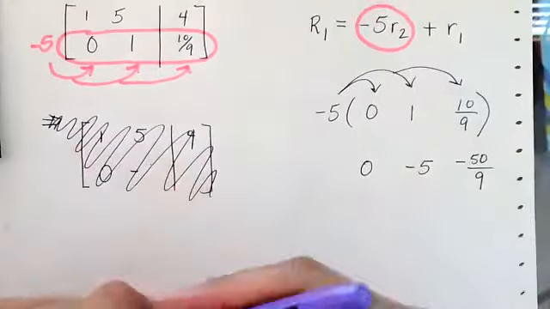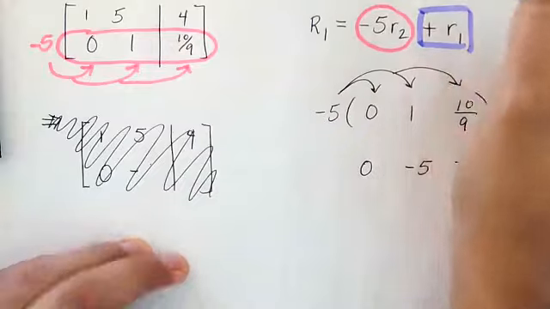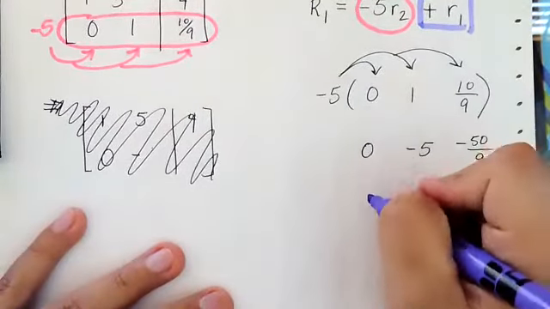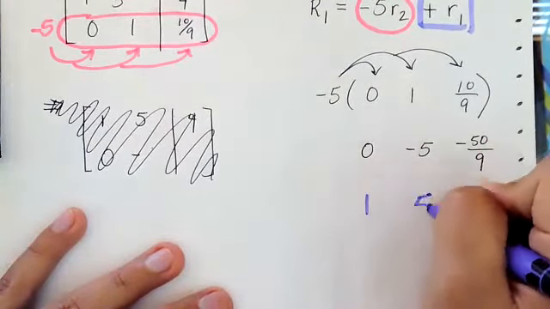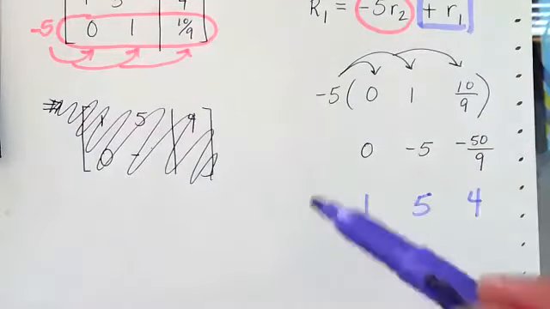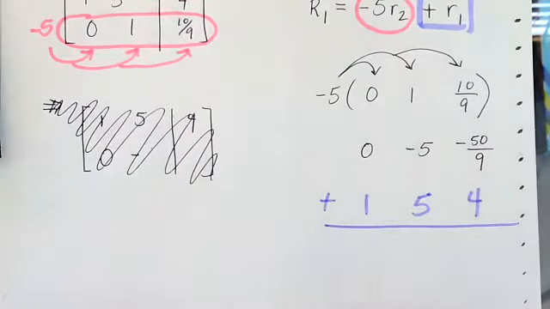And now I need to add that to row 1: 1, 5, and then 4. We're adding all of those.